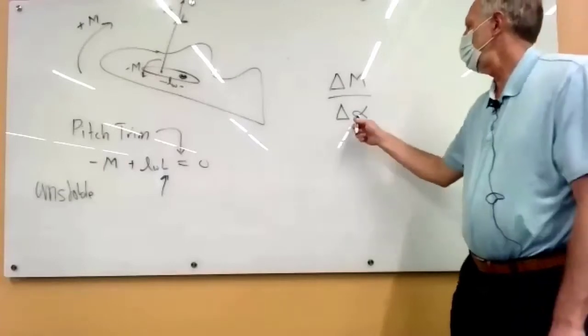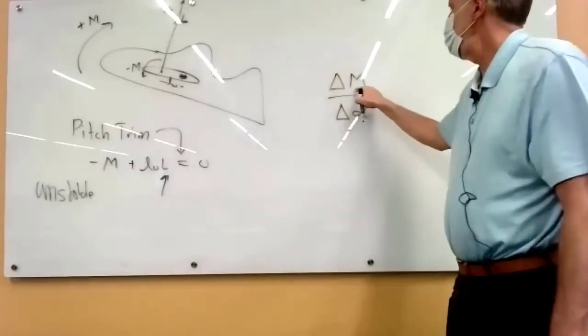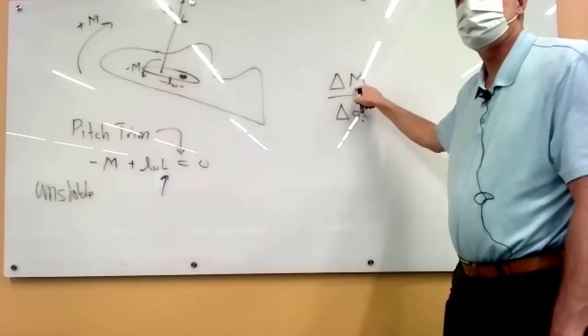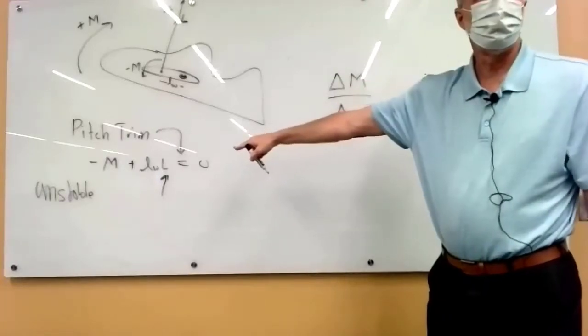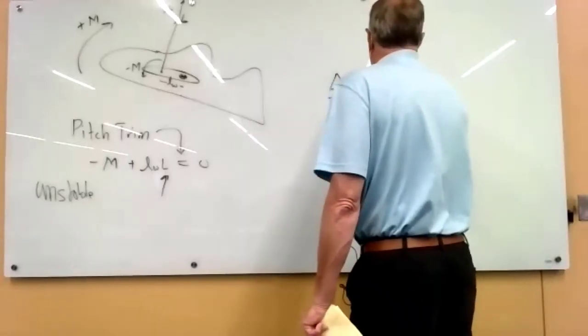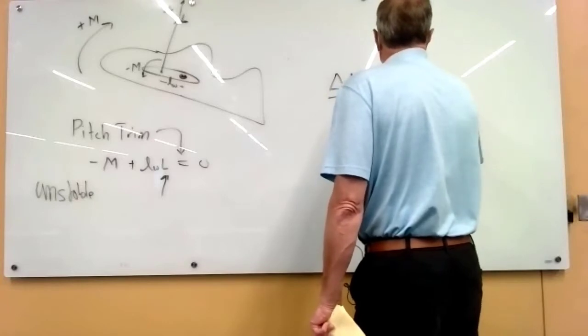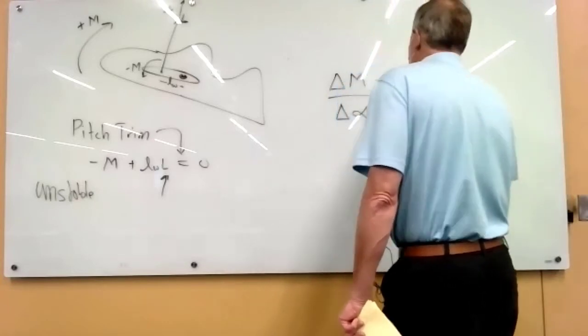So we talked about how we had a delta alpha, a change in alpha due to a gust, and that the pitching moment became positive rather than 0. So if we take the limit, then we talk about the derivative with respect to alpha.